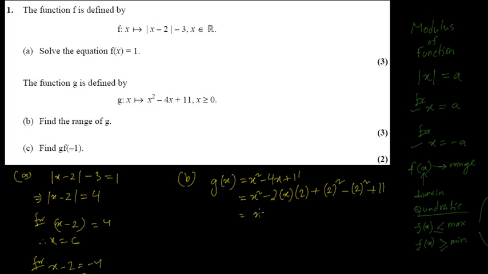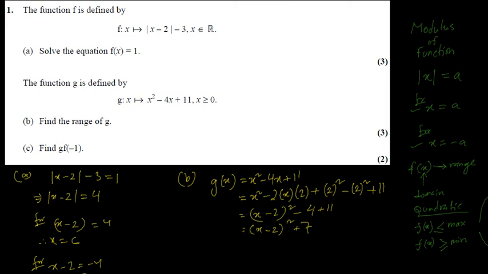So this is going to be (a minus b) whole squared, so we have minus 2 squared is minus 4 plus 11, so this is going to be (x minus 2) whole squared plus 7. So from here we can know that the turning point is (2, 7).